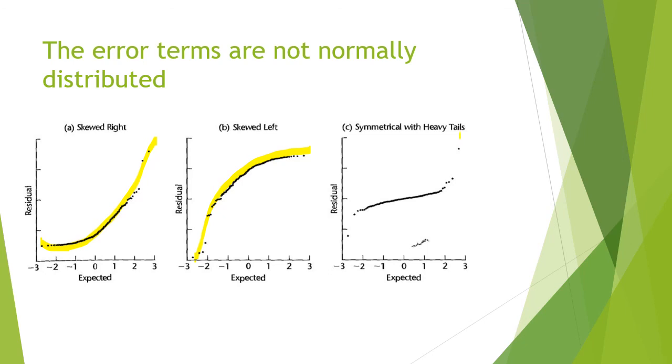The final one shows a model with heavy tails, but that is symmetrical. All of these point to non-normally distributed errors.